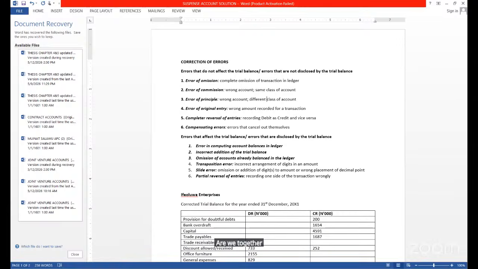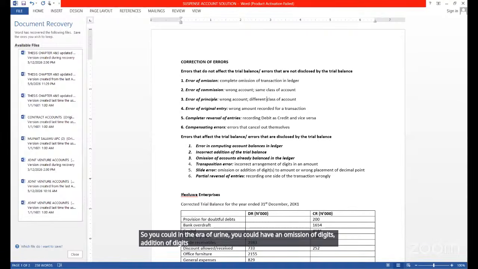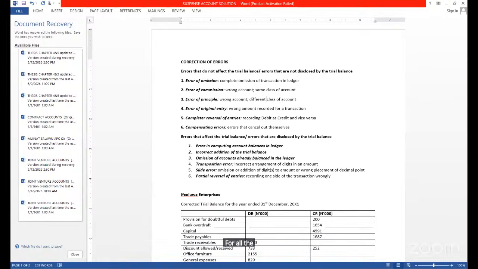In the error of original entry, you could have an omission of digits, addition of digits, incorrect arrangement of digits, and so on and so forth. But the fact remains that that error is committed for all the entries for that transaction. So it's not as if one entry is correct, one is wrong. All the entries are wrongly recorded.